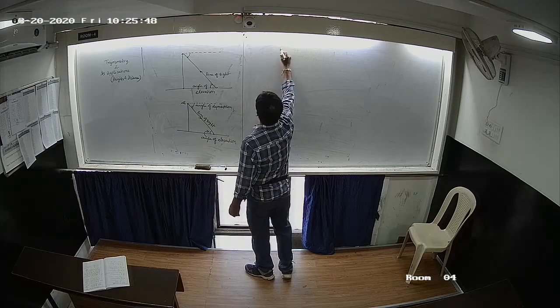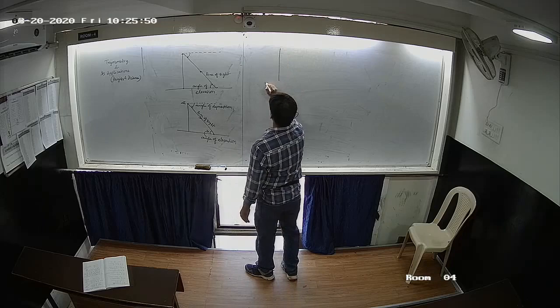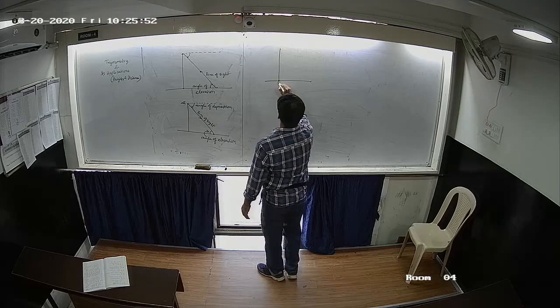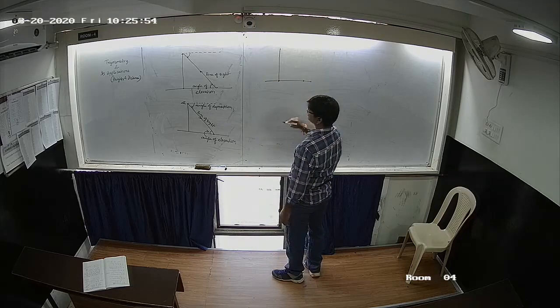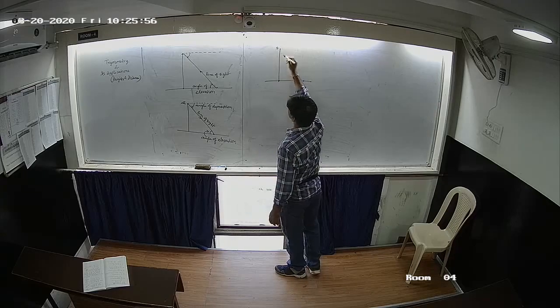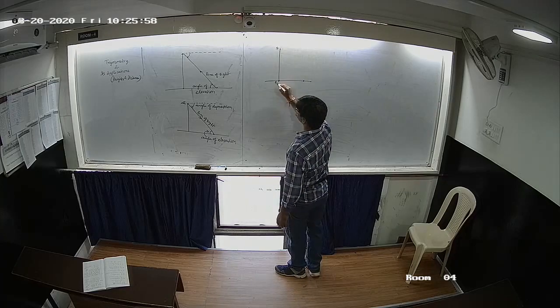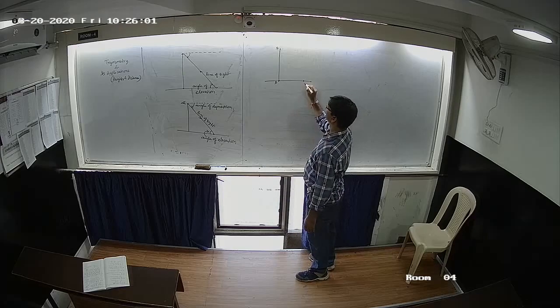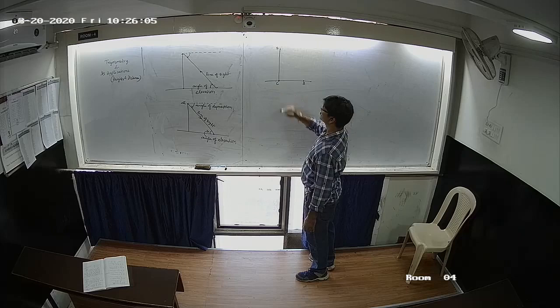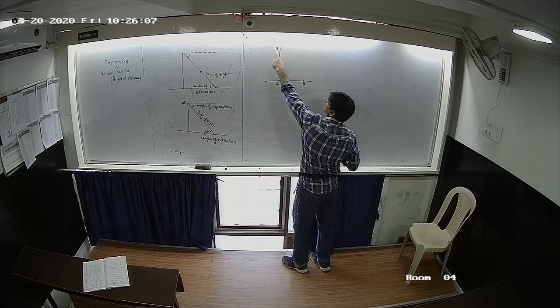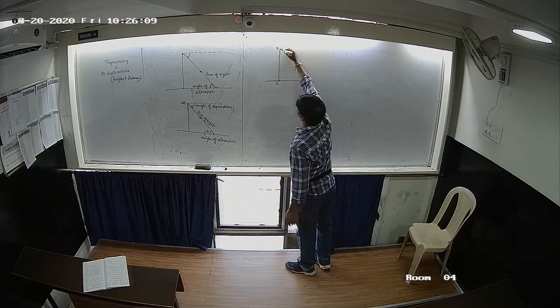Now, if this is the building, this is the ground, and the ball is lying here, let's name the building AB, and the ball is at B, and this is C, the foot of the building, the top of the building A, okay, this is the line of sight.